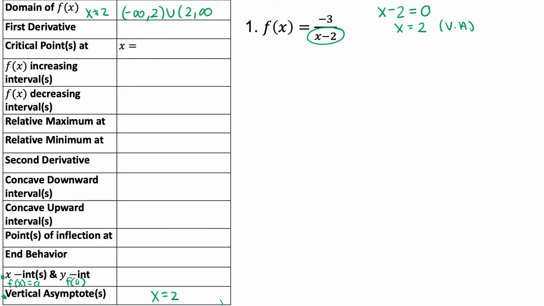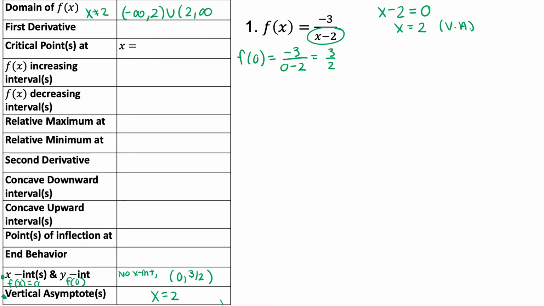Plugging in a 0, f of 0, to find our y-intercept, we get -3 over 0 minus 2 gives us 3/2. So we have no x-intercept. The y-intercept is at the point 0, 3/2.